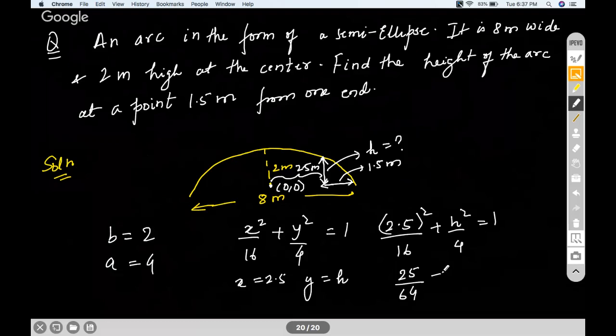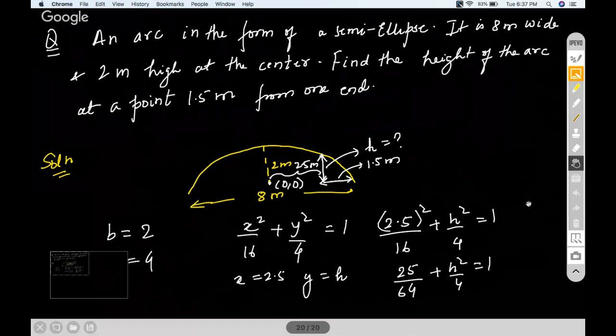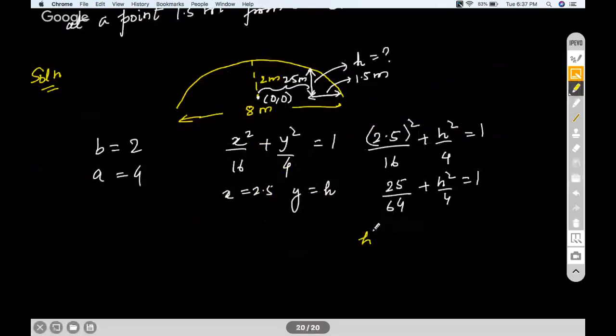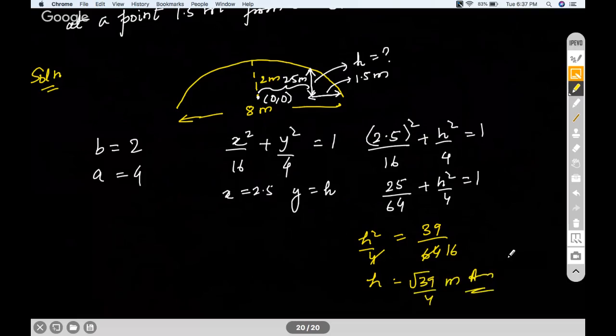So 25 by 64 plus h square by 4 is equal to 1. So you can simplify it. h square by 4 is equal to 39 by 64. Cancel off a factor of 4, so you get h as under root 39 by 4 meters. That's approximately 1.56 meters.